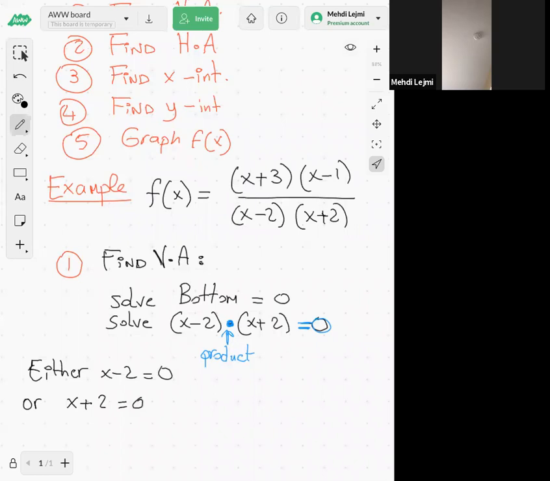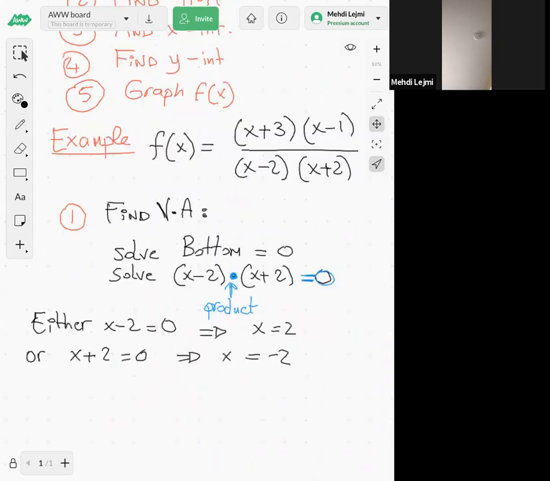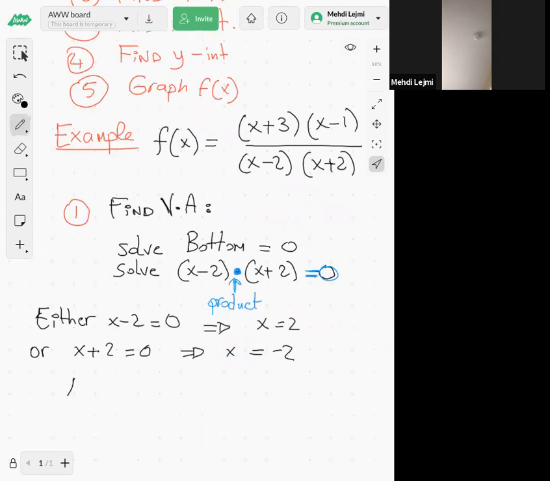All right, so this is x equal to 2, and here x is negative 2. So the answer for number 1: we got 2 vertical asymptotes, x equal to positive 2 and x equal to negative 2.